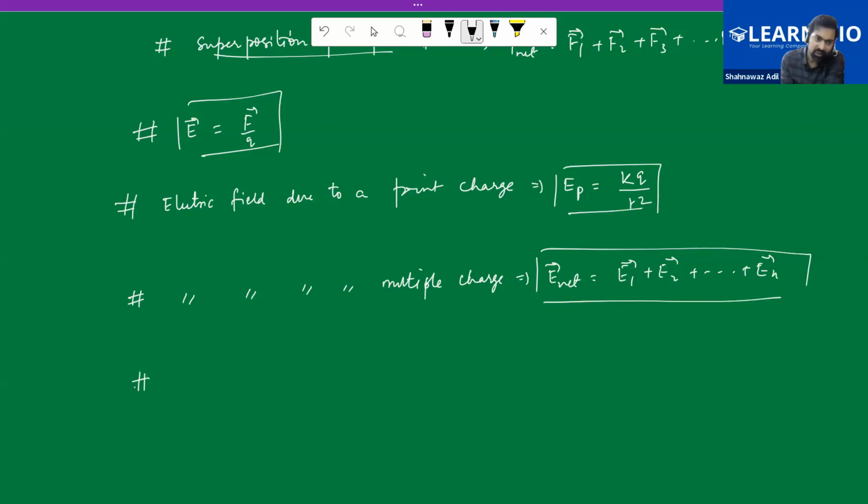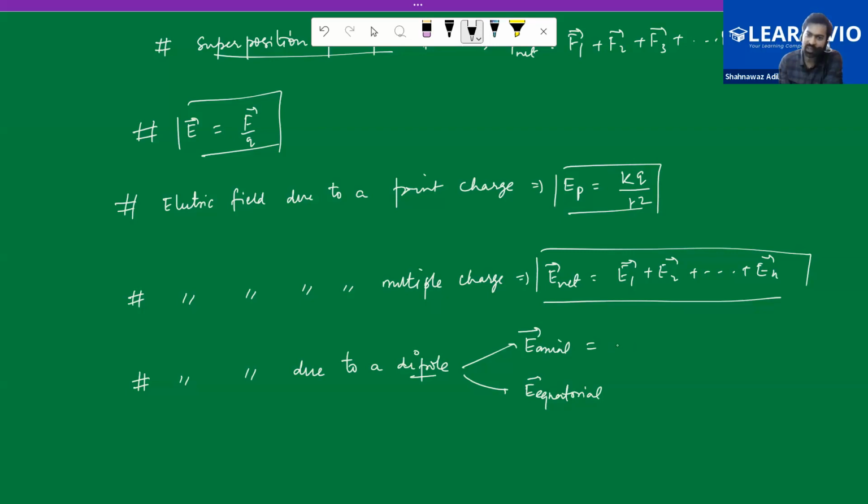And then we have talked about the electric field due to a dipole. So there are two kinds of electric field. One is axial, and let me write the vector part, and the other one is equatorial.